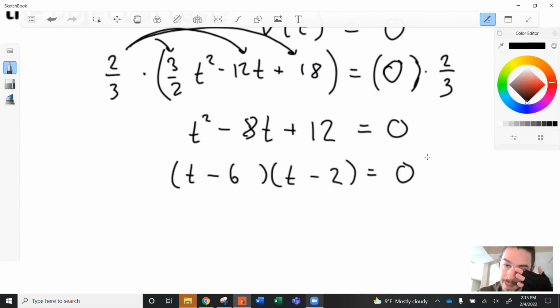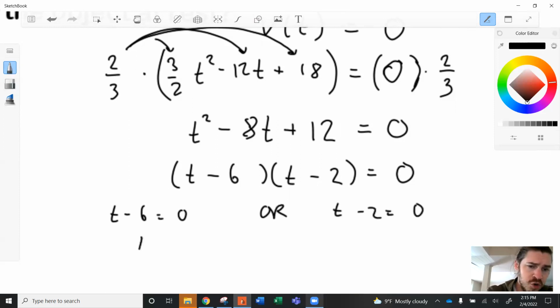That's right, because -6 minus 2 is -8 and -6 times -2 is 12. Now remember that the zero product rule says that if these two things multiplied together give you 0, one or the other of them must be 0. And this leads us to two possible answers: 6 seconds or 2 seconds.